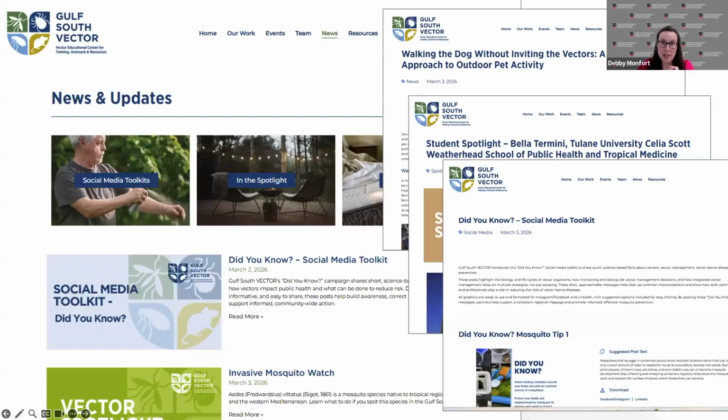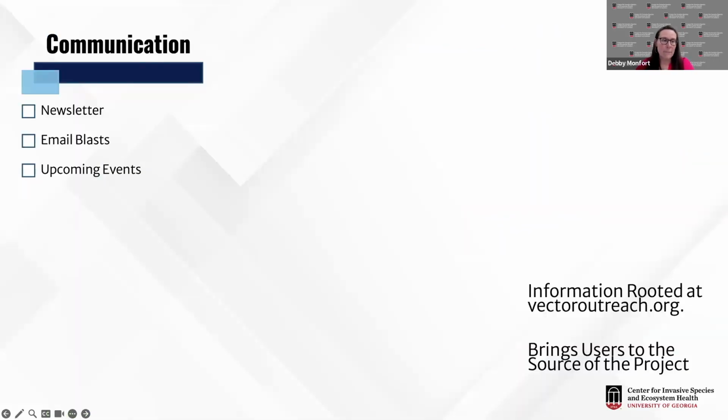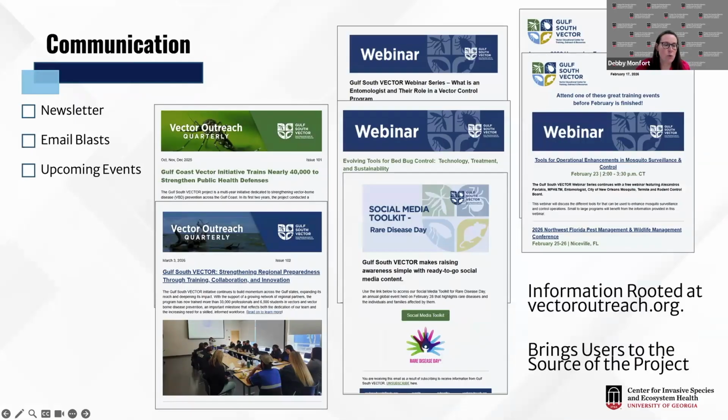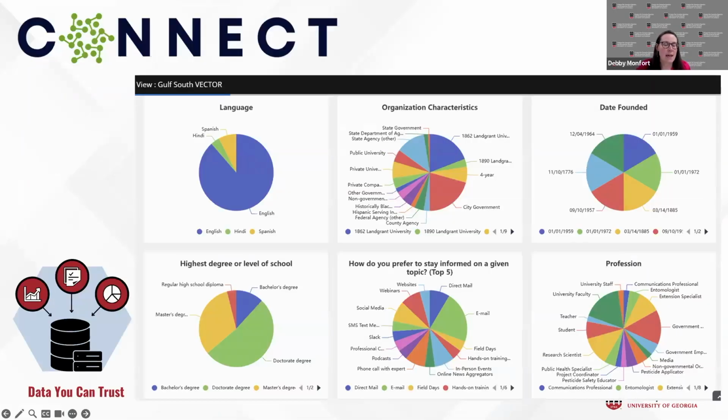So all of this happens with the help of Bugwood. Using the newsletter builder and Connect, you get this really cool way to send emails that are then tracked, checking opening rates.